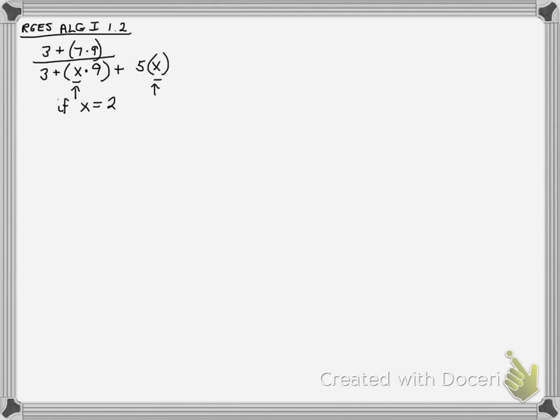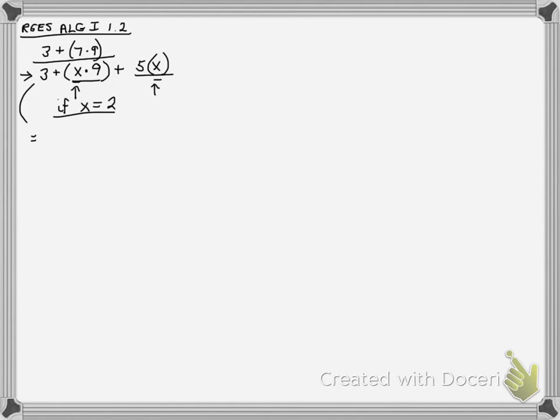By the way, I've used a couple of different expressions here. This represents x times 9, and this represents 5 times x. Well, let's plug in. So I could say evaluate this if x equals 2. So plug in everywhere you see an x, plug in the number 2.